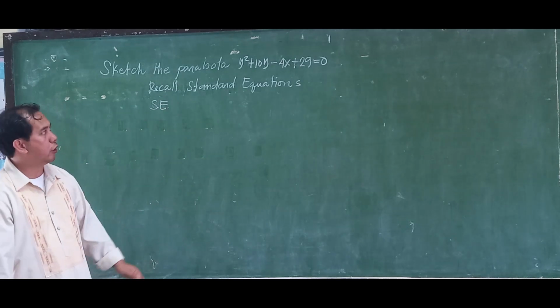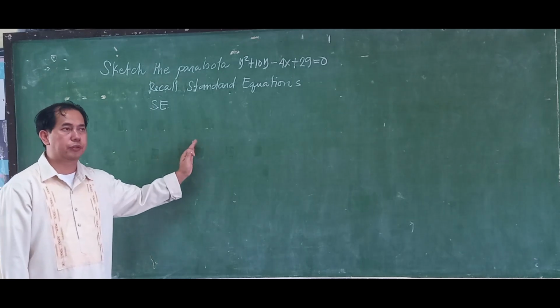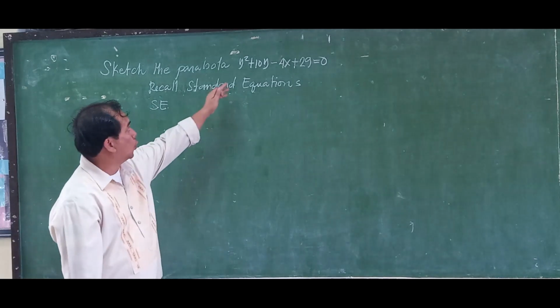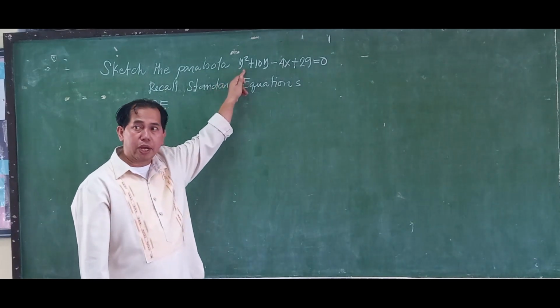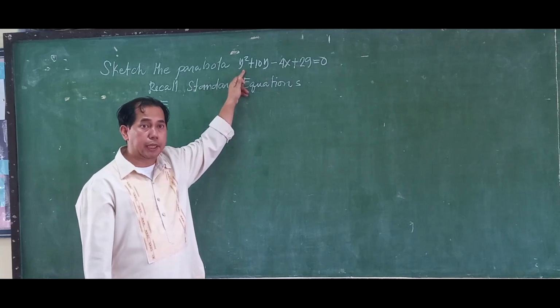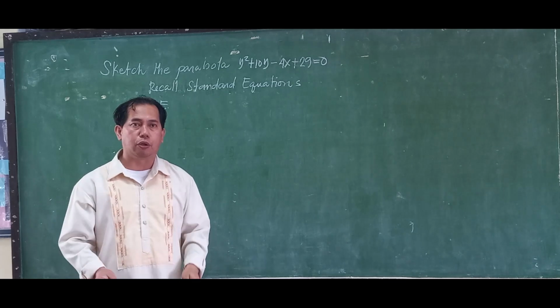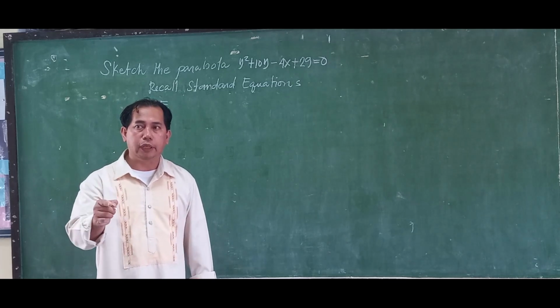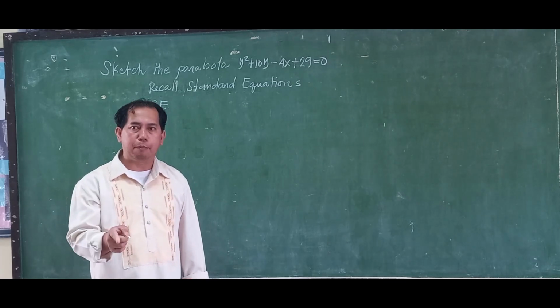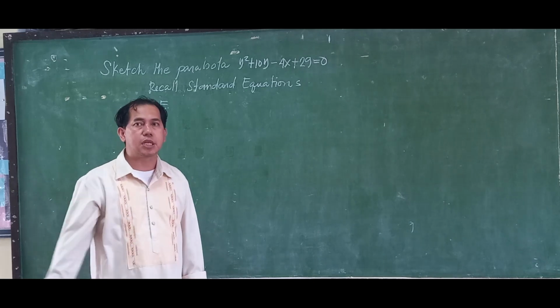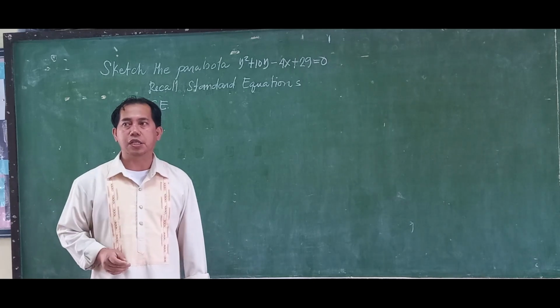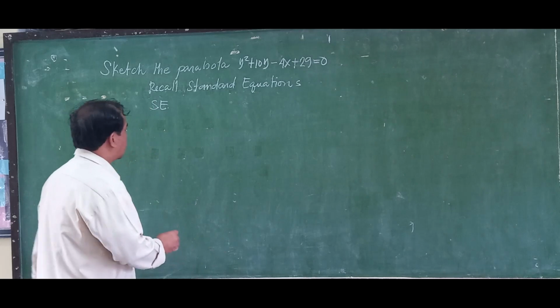And so, when you recall the standard equation of the parabola, mind you that the one being raised to the second power is y. Okay? So, what is the standard equation that you're going to recall? Definitely, the equation of the parabola that faces the y-axis. Okay, so what is that?